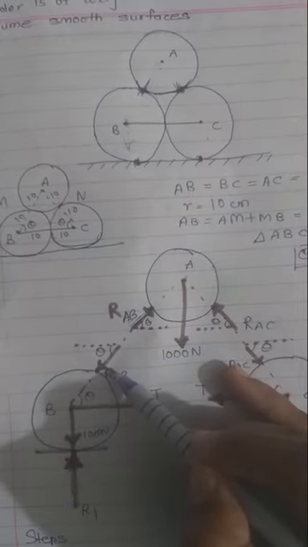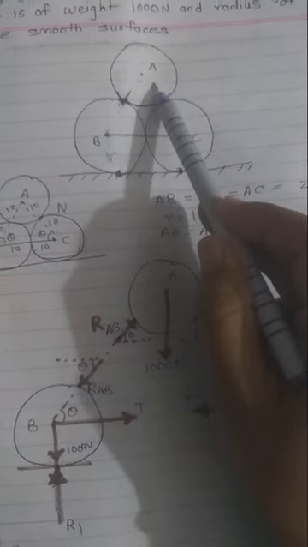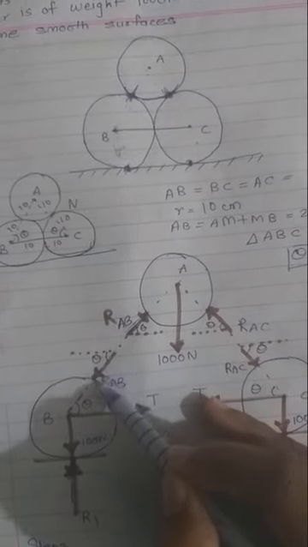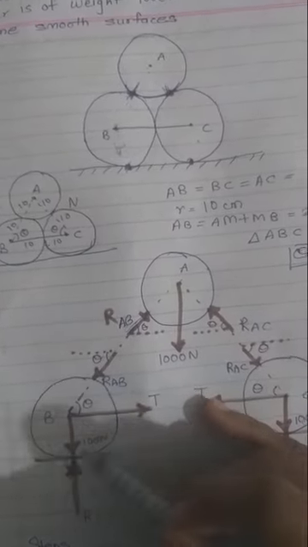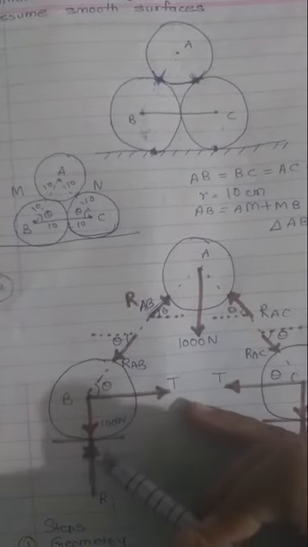Then at this point, every action has an equal and opposite reaction. So if there is a force exerted by sphere B on A, the same force is exerted by sphere A on B. So reaction of the same magnitude but opposite direction, RAB, on this sphere B. So 1, 2 and 3.